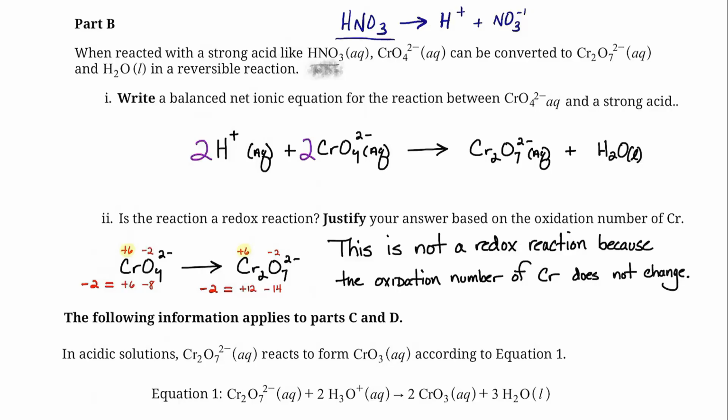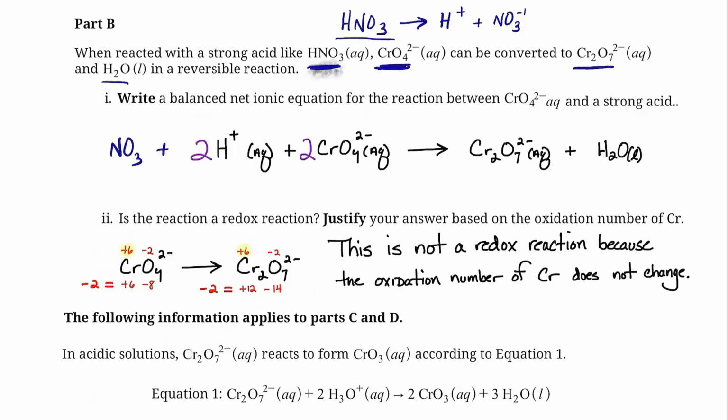So in truth, this reaction has an H plus and a nitrate. Now, the nitrate's not part of the reaction, because they're telling me that we're dealing with the nitric acid, a strong acid, and the chromate ion, and then we're going to produce the dichromate ion and water. So you see, no nitrogens are a part of this reaction.